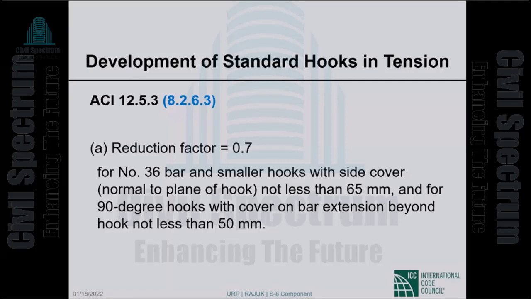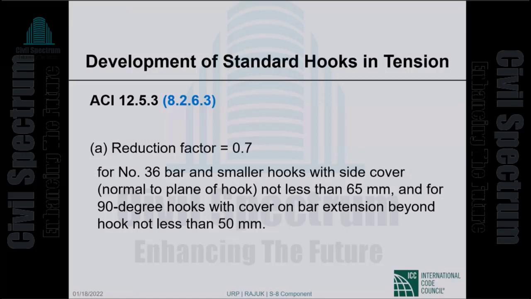And for 90-degree hooks with cover on bar extension beyond hook, not less than 50 millimeters. So the front cover, if you like, I don't know if upon reading this makes sense. So the hooked bar has to be no more than number 36 millimeters in diameter.